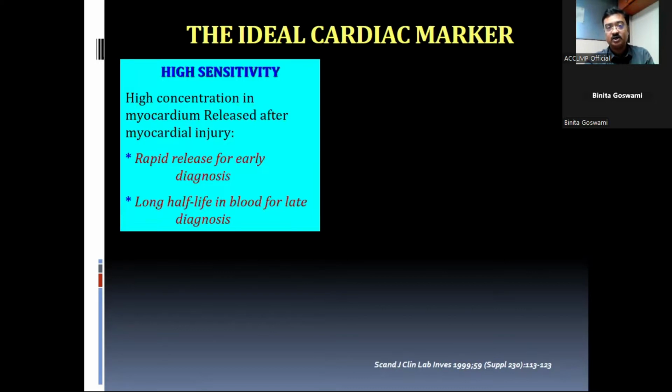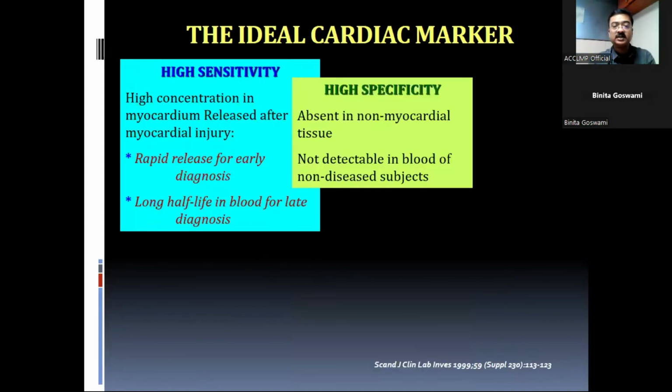That means it should be present in high concentration in the myocardium and be released immediately after a myocardial injury, even a small one. Rapid release is better for early diagnosis, and a long half-life is very helpful for late diagnosis.